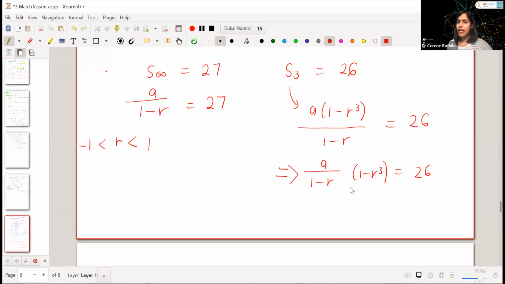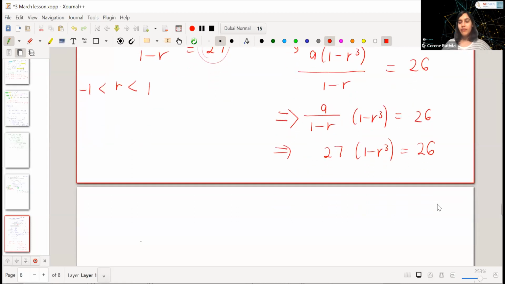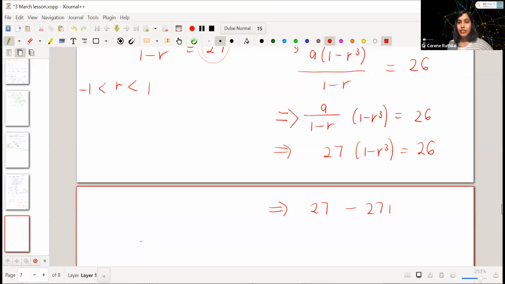Good. But what is A divided by 1 minus R? Do you see that it is 27? So this then tells me that 27 into 1 minus R cubed equals 26. Look at that. And so if I continue with my calculation, this now tells me that 27 minus 27R cubed equals 26.